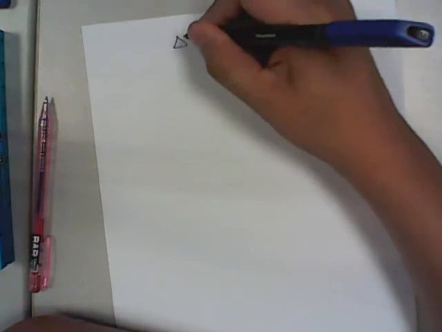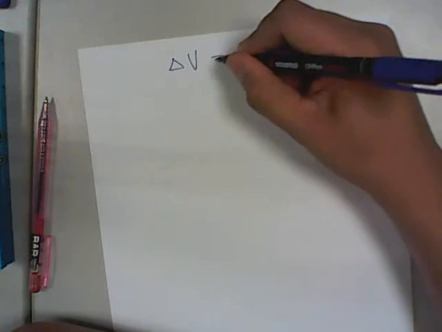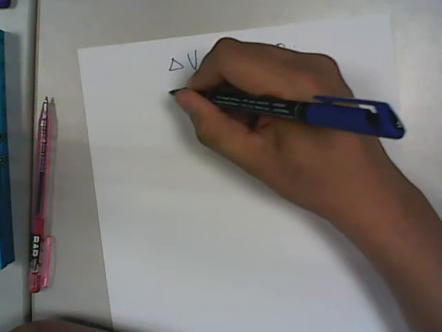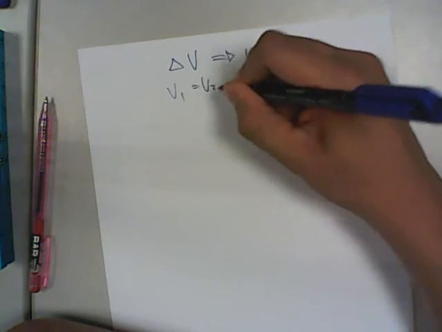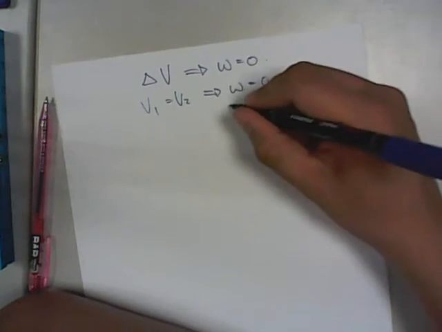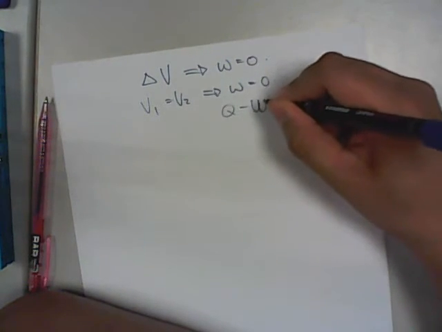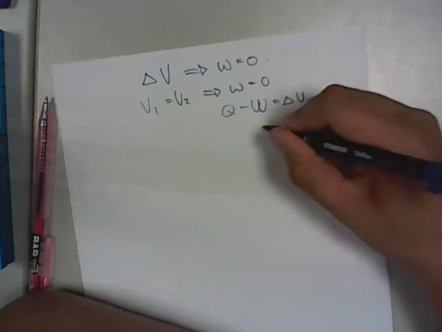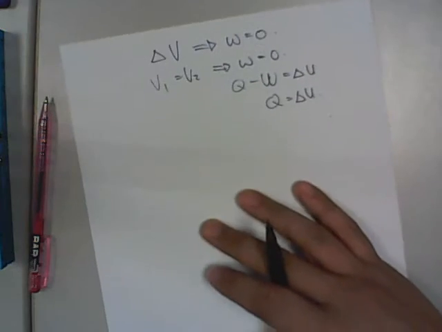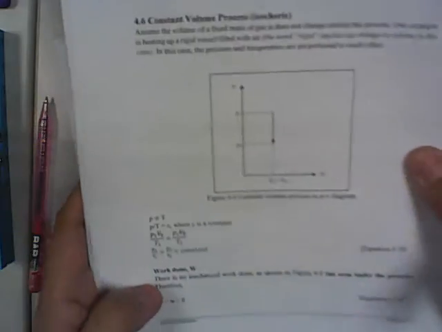So constant volume process means work is 0. And because of this, based on your first law, your Q will be equal to your delta U. So just keep this in mind. And again, subsequent pages help you derive the delta U, Q, and W.